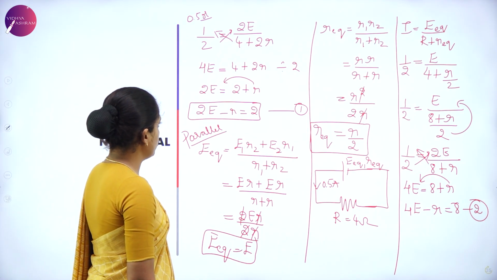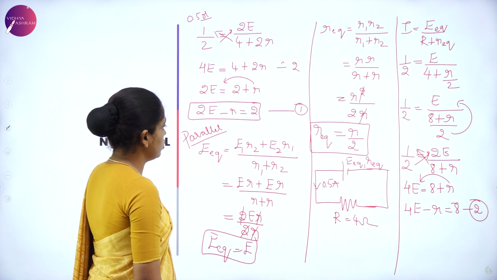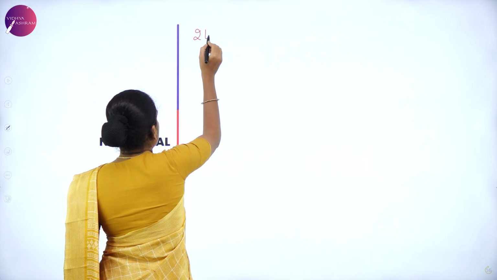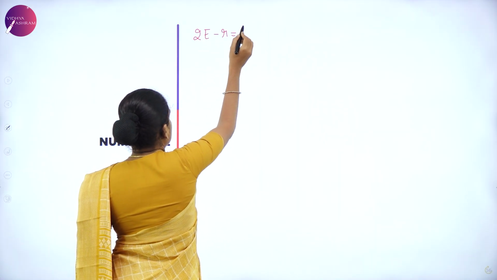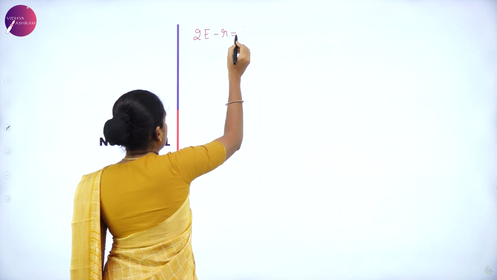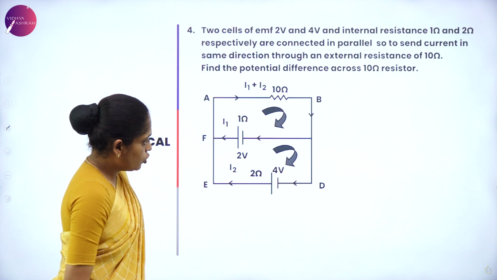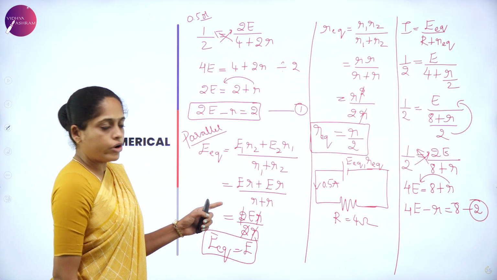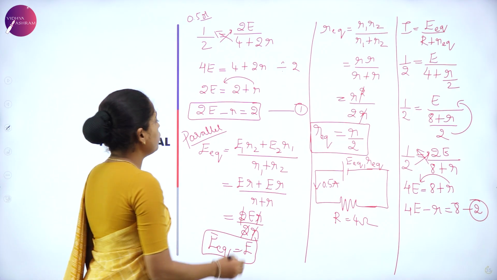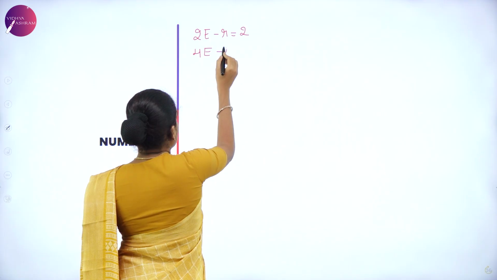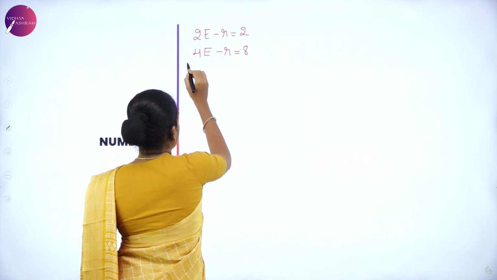Equation 1 is 2E minus R is equal to 2, and equation 2 is 4E minus R is equal to 8.